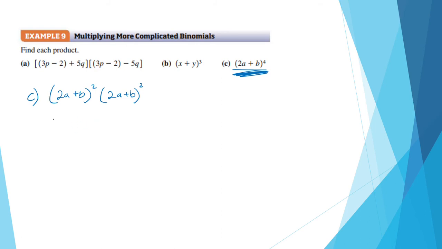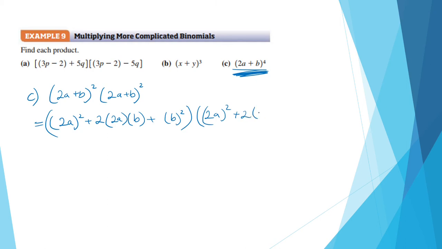So we have, according to our formula, this is equivalent to (2a) squared plus 2 times 2a times b plus b squared. That's from our formula for the square of a sum. And the other side is going to be exactly the same.